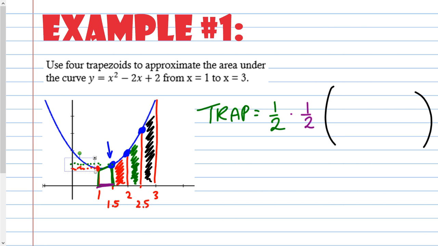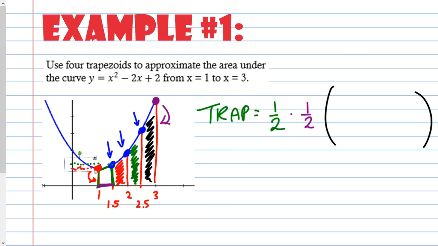This base right here doesn't get repeated because it's just the base for this one trapezoid, just like the very first one was just the base for that trapezoid. My point is that the three in the middle, the interior bases, are always going to repeat.